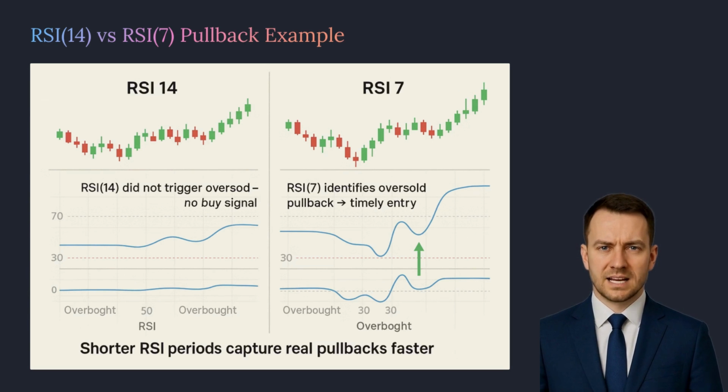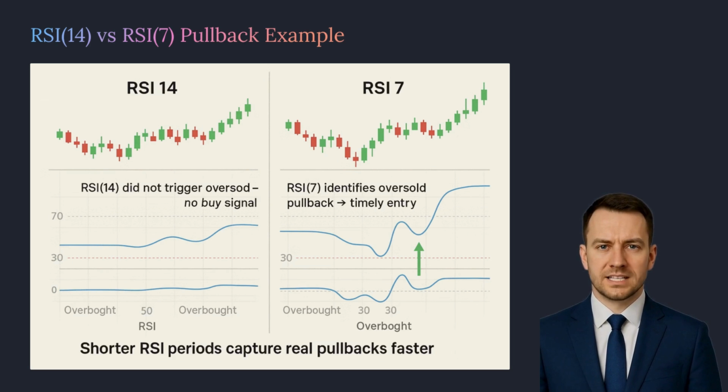In the side-by-side charts above, both panels show an uptrend with a pullback. The RSI 14 on the left chart did not reach oversold. It bottomed out in the high 30s, meaning a trader relying on RSI 14 might think no oversold, no entry, and potentially miss the trade.